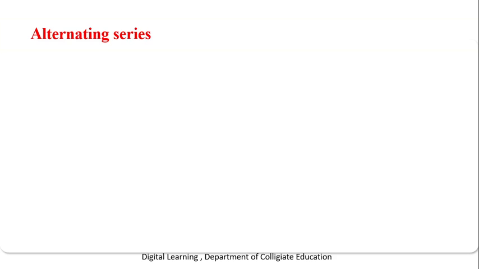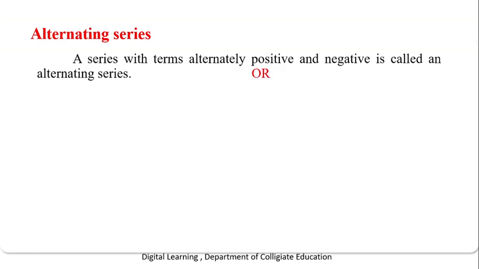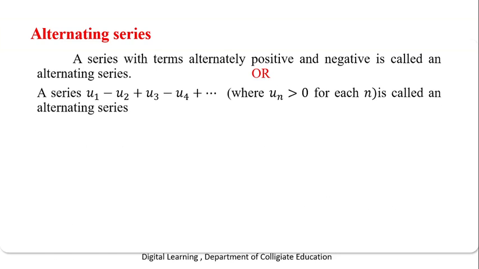First we define the alternating series. An alternating series means a series with terms alternatively positive and negative. Or this can also be defined like that: a series u1 minus u2 plus u3 minus u4 plus so on, where un are positive terms, is called an alternating series.